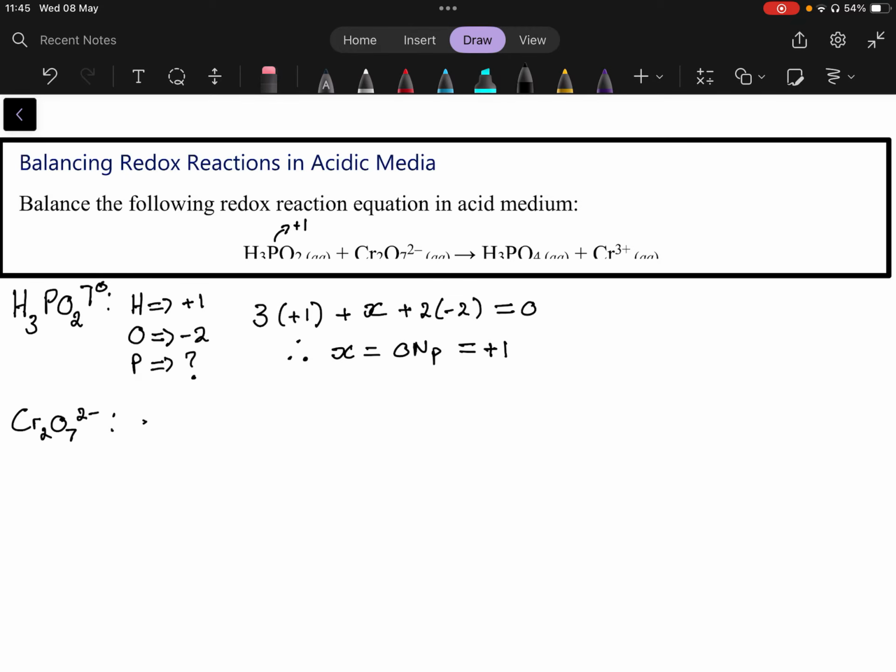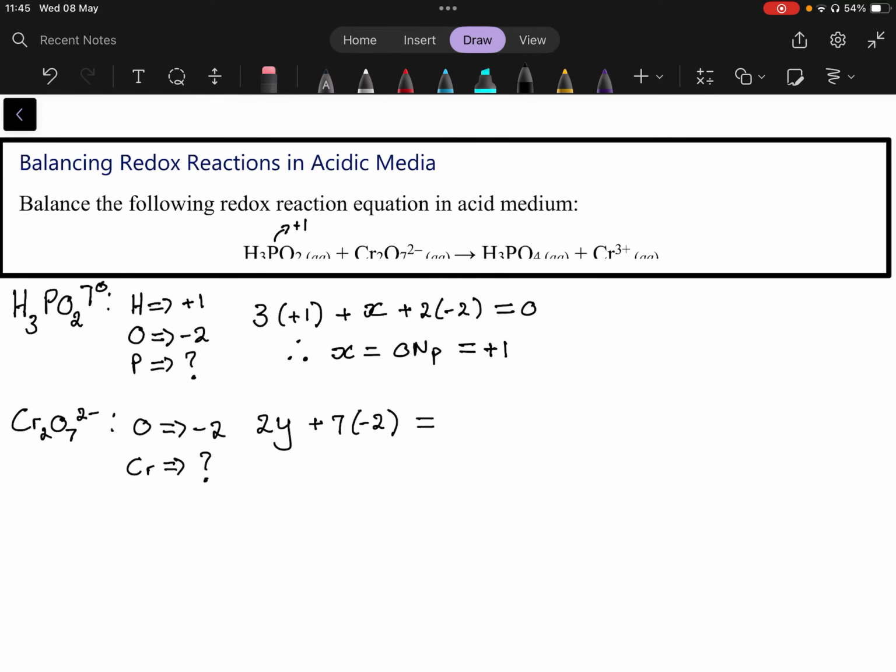So in this case, what do we know? We know oxygen's oxidation number is -2. We want to determine what chromium's is. So hence we can go ahead and write, well, in this case, Y. There are 2 chromiums, and we want to determine this Y for it. There are 7 oxygens with a -2 charge.